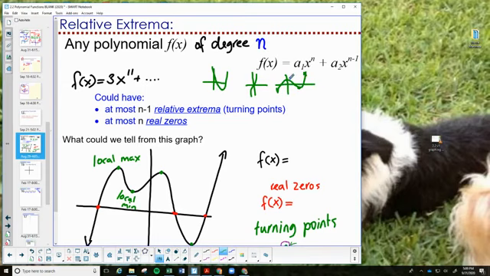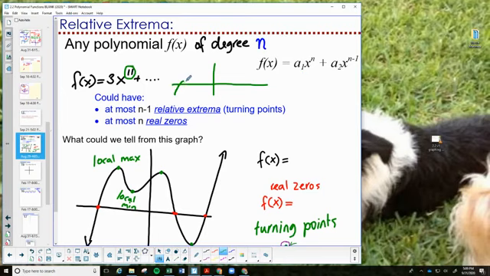Okay? So it could have at most, whatever this number is, this graph here could have at most 10 turning points. Oh, let's have a go at that. That'd be horrendous. Let's try. Okay, at most. If it's degree 11, it's got to be an odd function, and it's positive at the beginning, so it's going to be ending up here and starting down here.